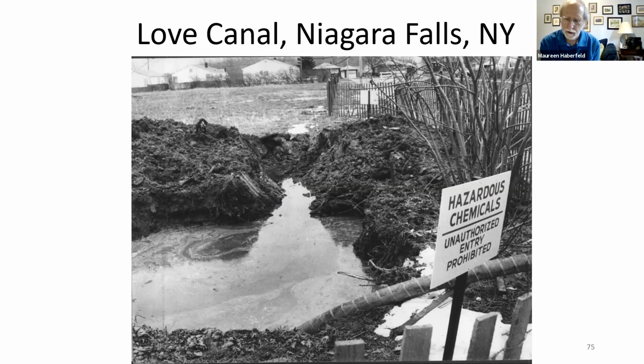It's a residential area near the Niagara River, upstream from Niagara Falls. A company called Hooker Chemical Company received approval to dump their wastes in Love Canal. The canal was already being used as a city dump, so what's a little more waste? The canal was drained first, so it ceased to be a water body anyway. The company operated the property and dumped a lot of waste.